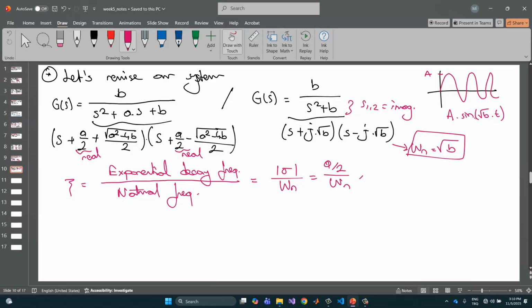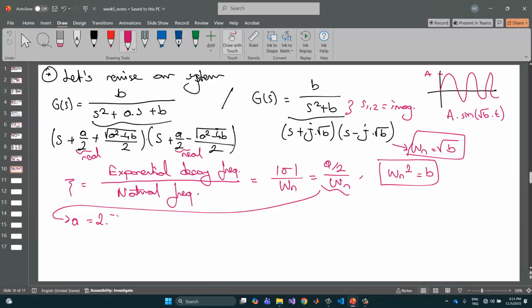And so, if this is the case, and Wn square is equal to B, right? This is the B. And if Wn square is B, we can derive this one. A is equal to what? 2 times zeta Wn, right?